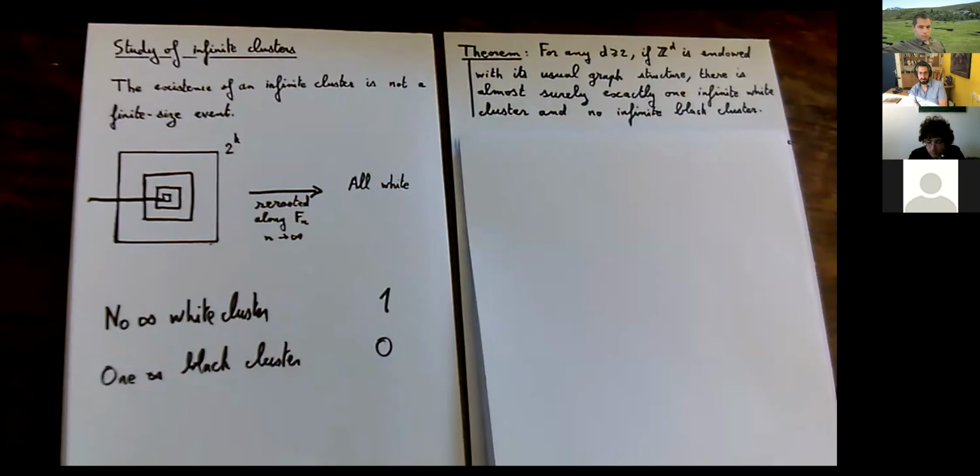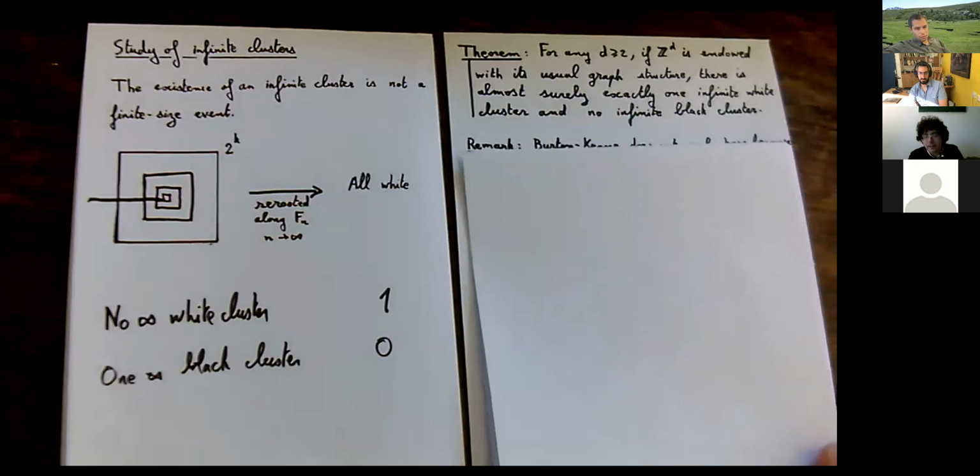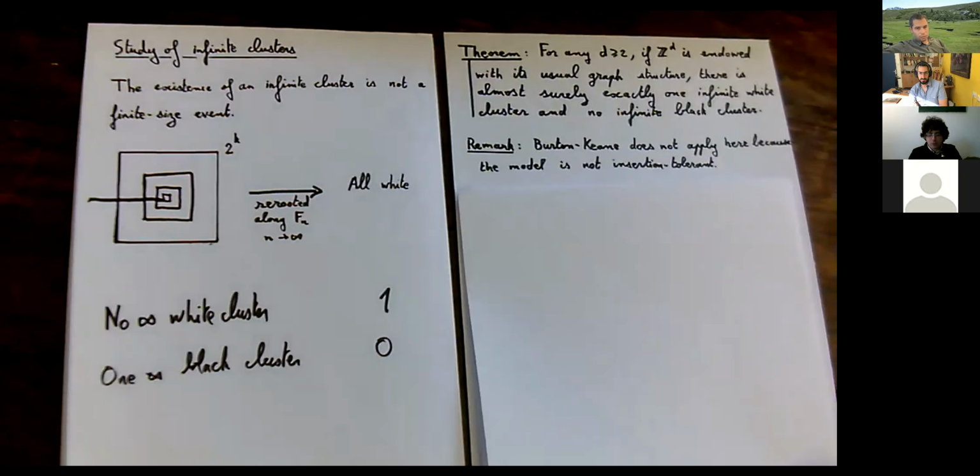So one infinite white cluster, no infinite black cluster. And one remark I want to make for people who know percolation theory is that the Burton-Keane argument does not apply here because this model is not insertion tolerant at all.